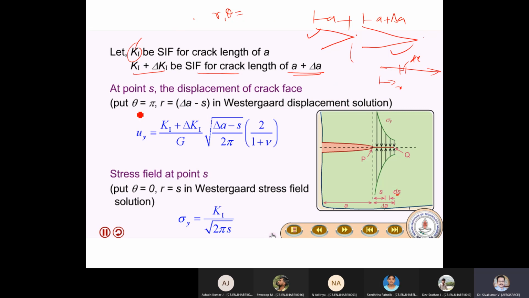The theta is pi, because for displacement, Q is the reference point. So I have to take this as the theta. Theta can vary from 0 to pi.